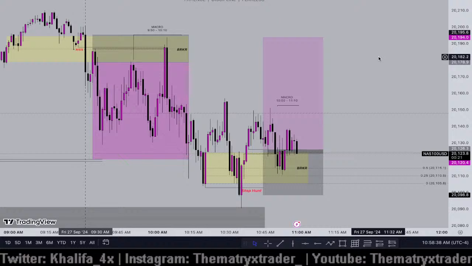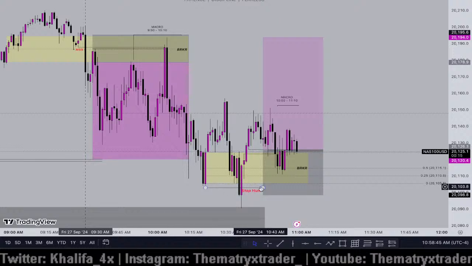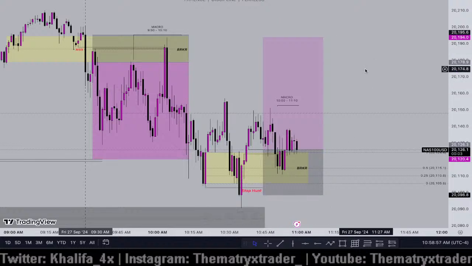Now, why I'm sure about going long is just because of sticking to this stop hunt. It gives me more confidence to go for long if this stays valid, then and only then.